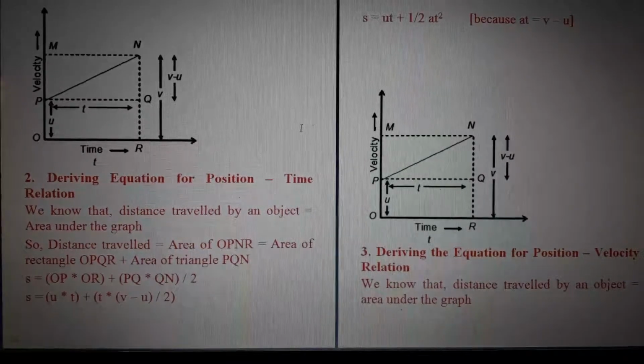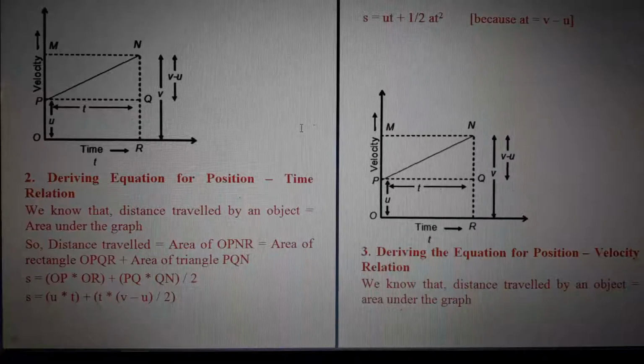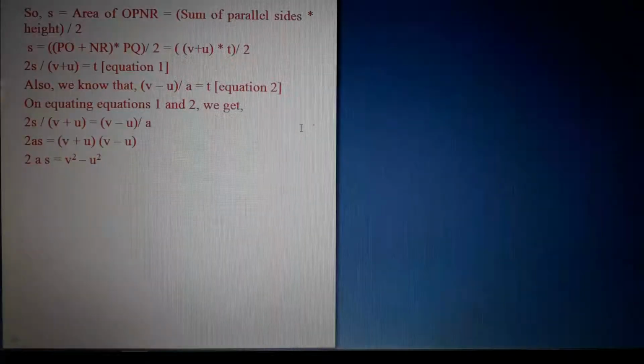Next is what? Deriving the equation of position velocity relation. Okay, let's see what it is. We know that the distance traveled by an object is equal to the area under the graph. Already we know that. So area OPNR is equal to sum of parallel sides into height divided by 2. Same thing what we did last time.